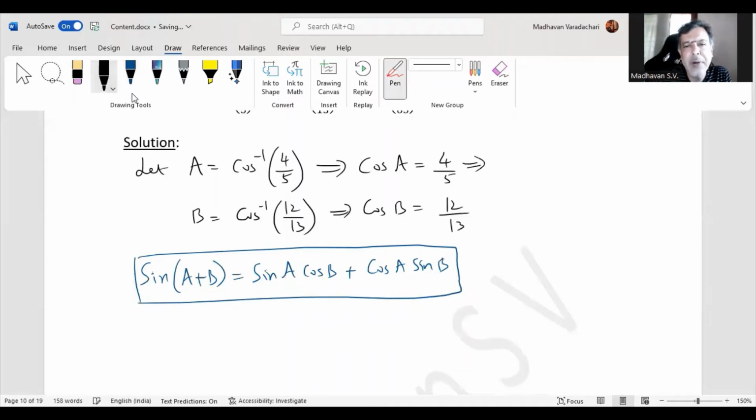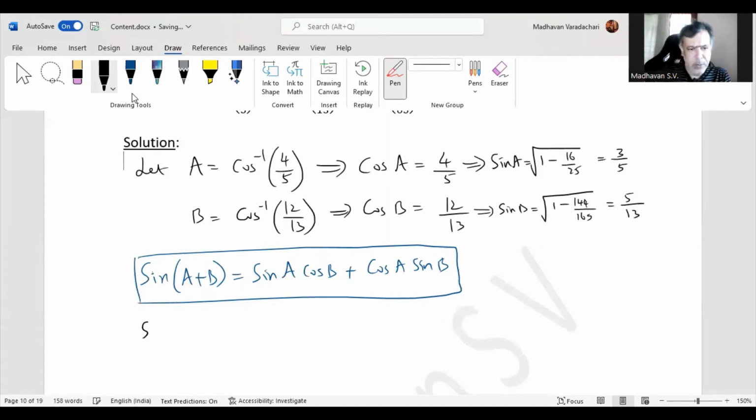That will be evaluated from here. Sine A is equal to square root of 1 minus cos square A, which is 16 by 25. So the numerator becomes now 9 and denominator is 25, which means it is 3 by 5. Similarly here, sine B will be square root of 1 minus 12 square, which is 144, over 13 square, which is 169. So this will be square root of 25 by 169, which is 5 by 13.